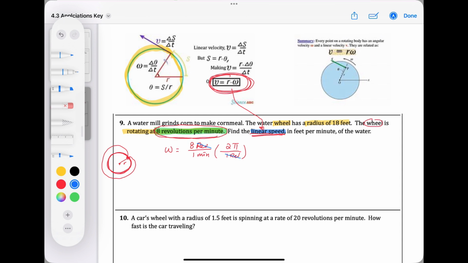And what do we know about my wheel? This will be 8 times 2 pi. That will be 16 pi, that's the number, but the unit becomes radians per minute. So remember, this will be my unit, radians per minute.